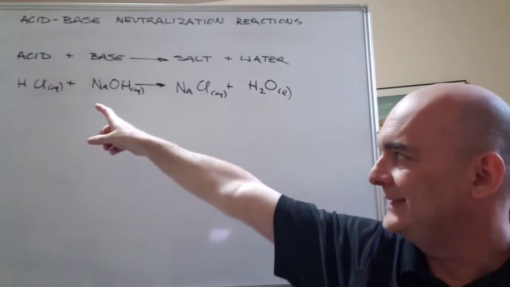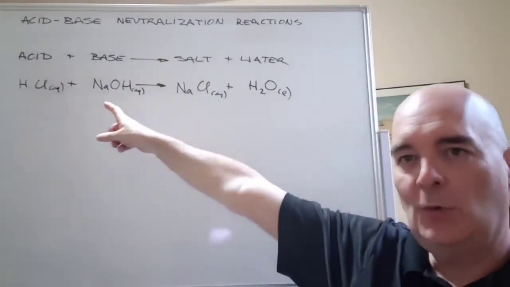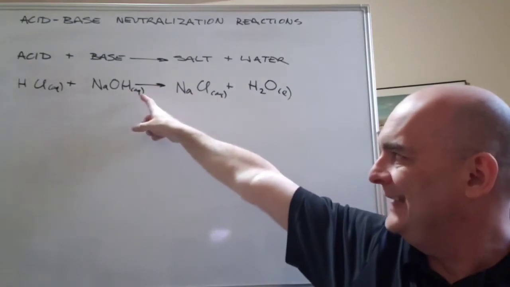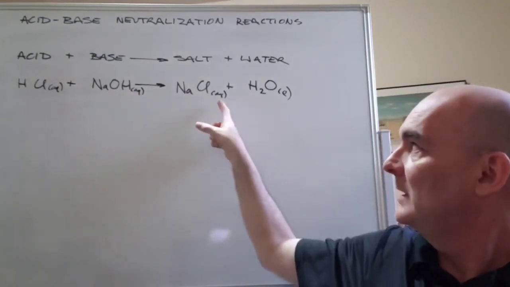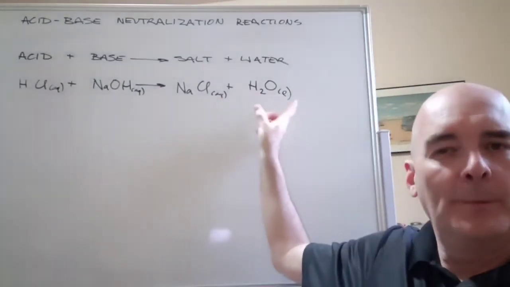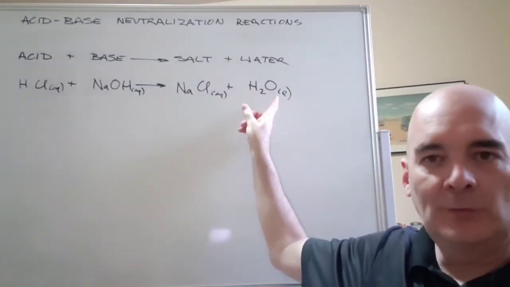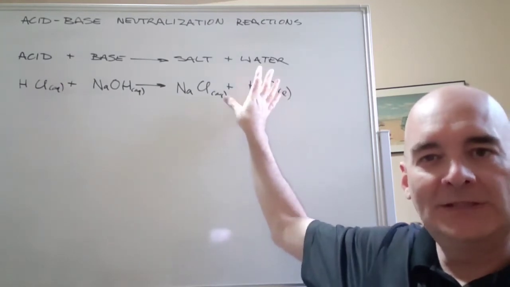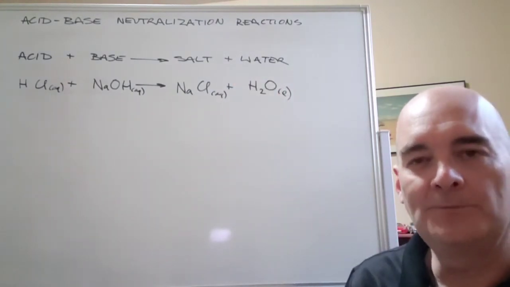Hydrochloric acid is in solution, it is aqueous. Sodium hydroxide is in solution, it's aqueous. The salt, sodium chloride, is in solution. But water is not part of the solution. Water is a liquid, and so it is its own little covalent molecule.